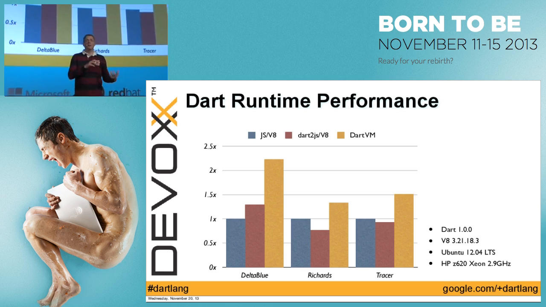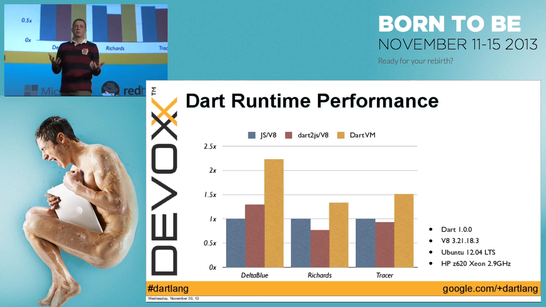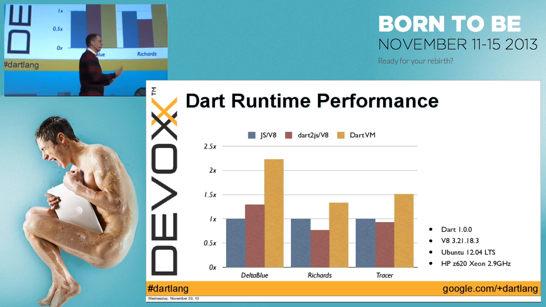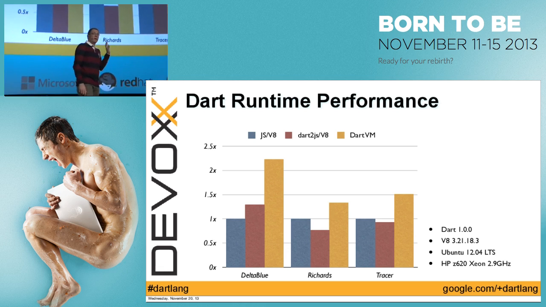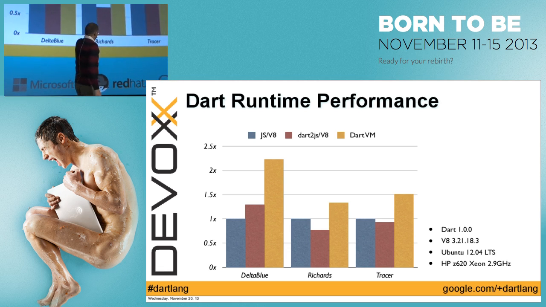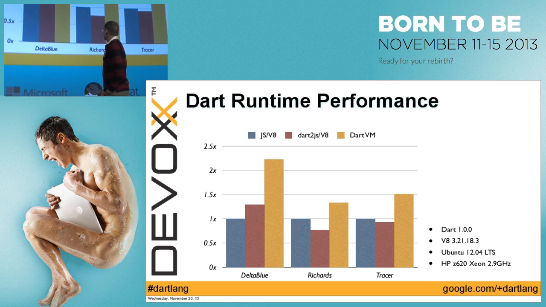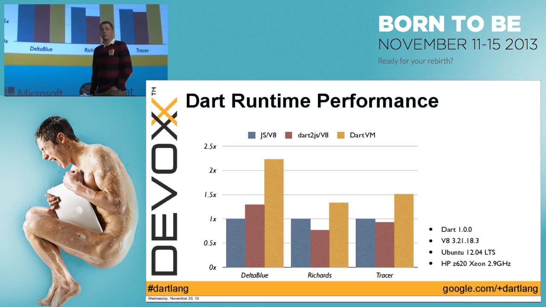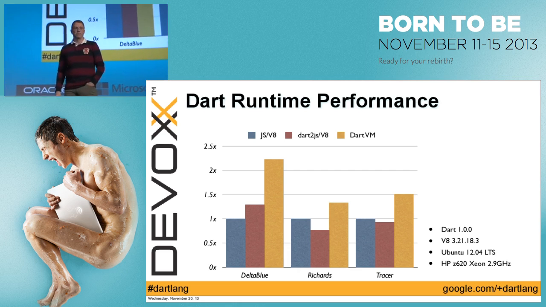That means that even though we translate Dart to JavaScript, you have comparable speed, which is nice. So you don't lose performance when doing that transition. However, if you run on top of the Dart virtual machine, you can get as fast as twice as fast as JavaScript. And this is what we are aiming at with the native Dart implementation.